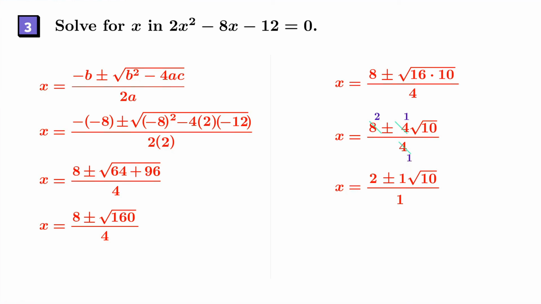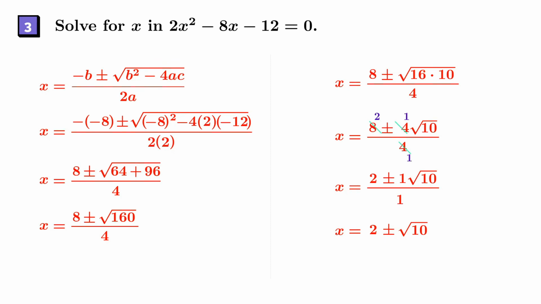So, ang final answer natin, x equals 2 plus minus the square root of 10. So, ayan yung dalawang roots or solutions natin, no? Yung isa ay 2 plus square root of 10 at yung pangalawa naman ay 2 minus square root of 10.